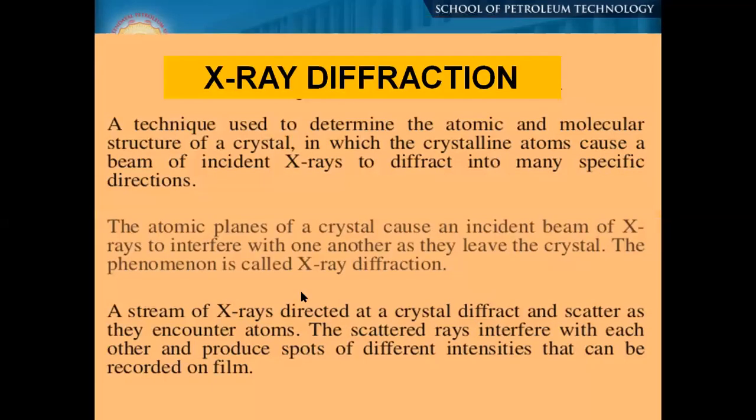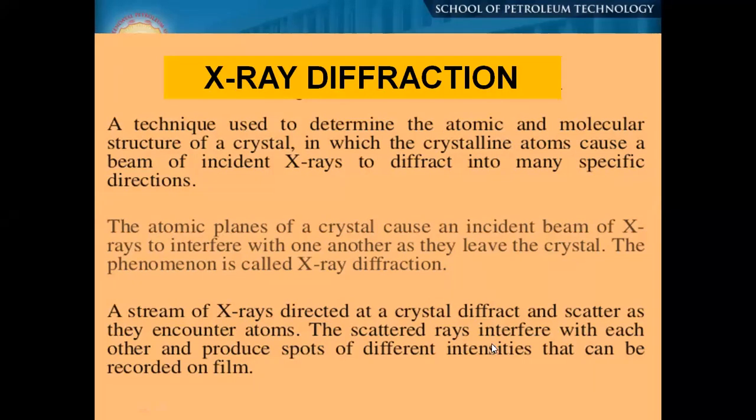It is a technique used to determine the atomic and molecular structure of a crystal, in which the crystalline atoms cause a beam of incident X-ray to diffract into many specific directions. The atomic planes of the crystal cause an incident beam of X-ray to interfere with one another as they leave the crystal. That means the incident beam of X-ray will fall on a specific crystal plane and move away from it, and while moving away, they interfere with one another. The X-rays directed at the crystal diffract and scatter as they encounter atoms.